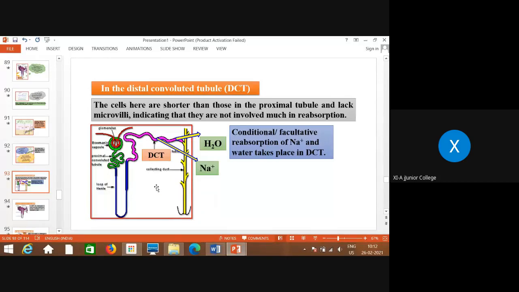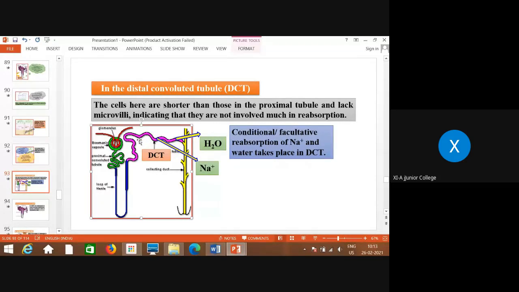Now the last part, that is the DCT and then the CT, where maximum secretion takes place. In the distal convoluted tubule, secretion of ions like Na and K plus etc. is taking place, and the DCT is also meant for the reabsorption of water as and when required, but the cells present in this region do not show any microvilli, so they are not directly involved in much reabsorption.